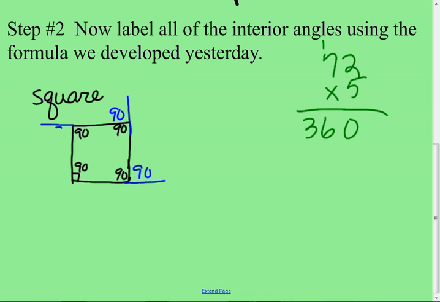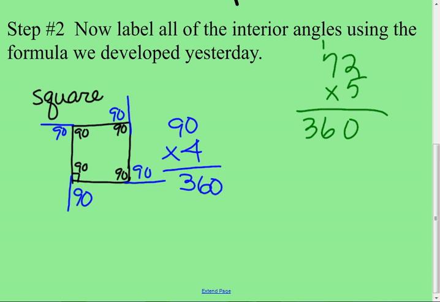How many of those are there? 4. So 4 times 90 is 360. Well, that's kind of interesting. That's a good question. Is that the same for all the polygons?